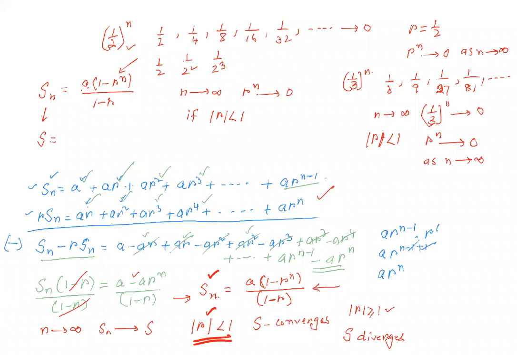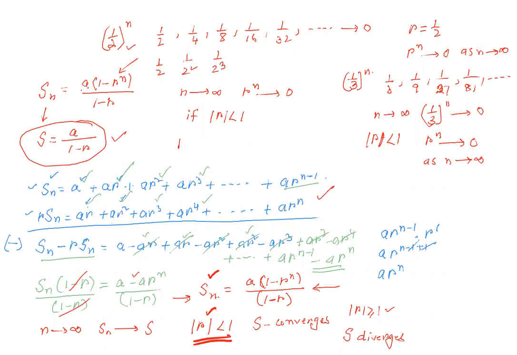So this term becomes 0. Then you have a times 1, a over 1 minus r. If a geometric series converges, it will converge to this value. Nice and pretty. A over 1 minus r.